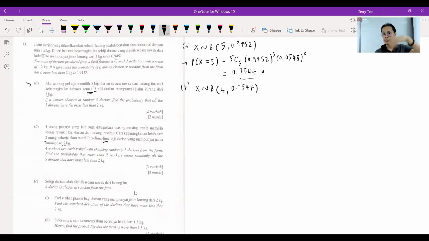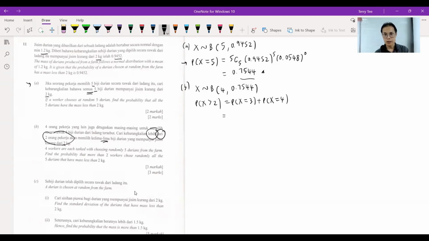Okay, we're using the result from part A. Now you want to find the probability of more than 2 workers, out of 4 workers, getting all 5 durian with mass less than 2 kg. So more than 2 means 3 or 4. Okay, so we can add them together.